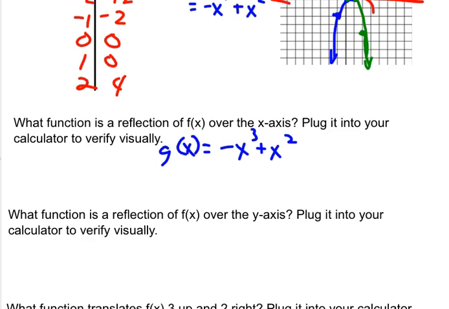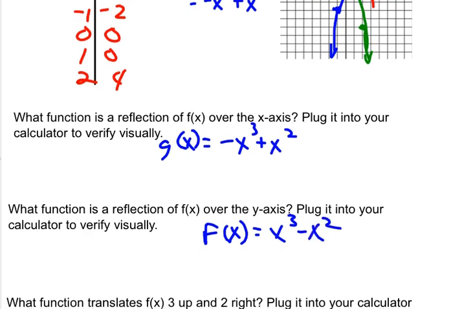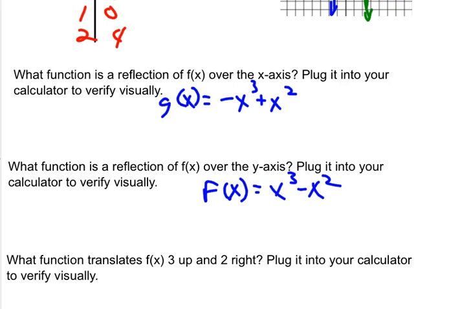Okay, what function is the reflection of f of x over the y-axis? Well, now we want the x's to be different, so this is where it's kind of tricky. F of x was x cubed minus x squared. I want to plug in opposite x's and get the same y.